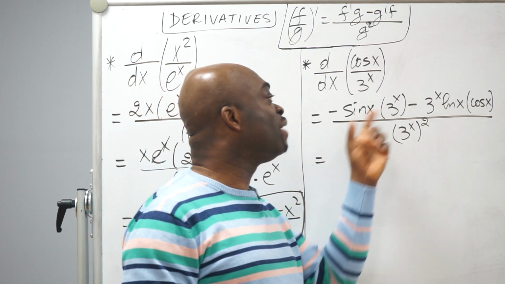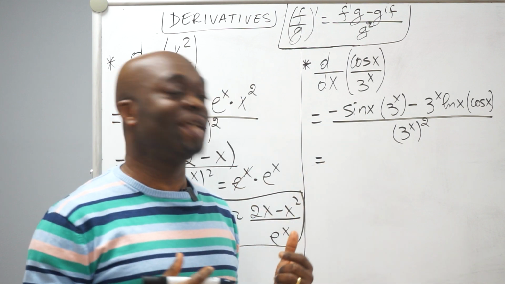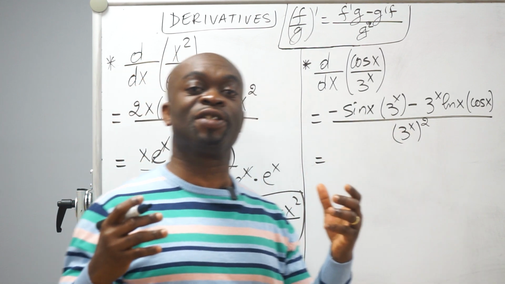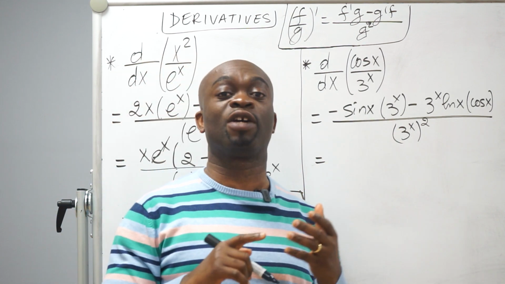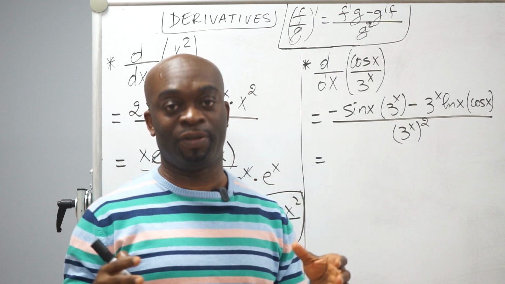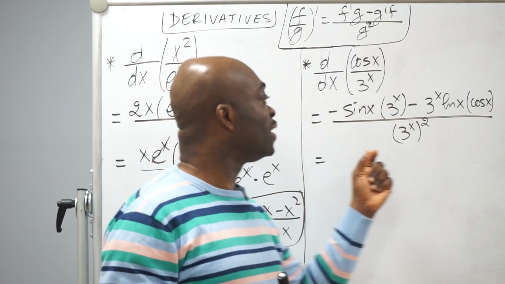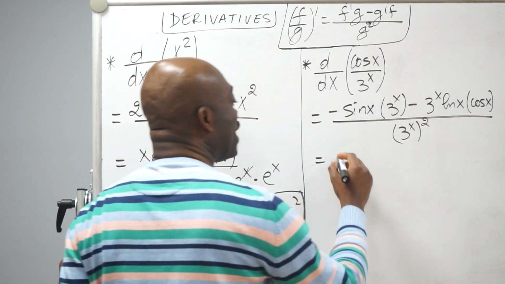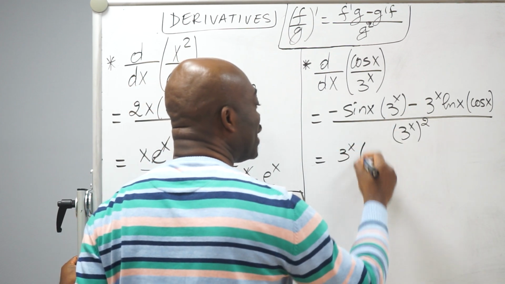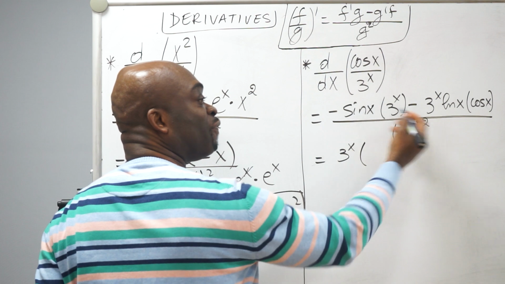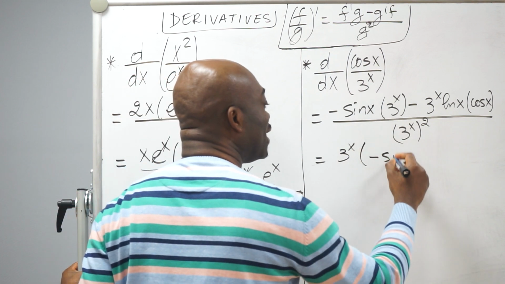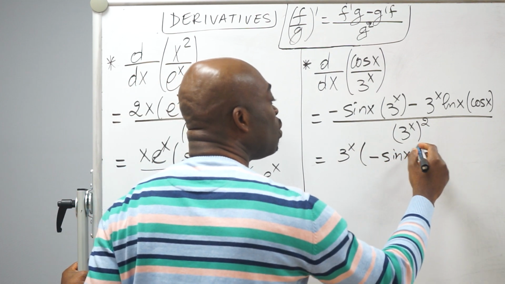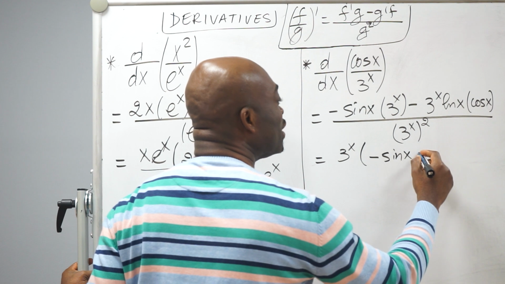But is there any way we can factor something? Yes. Factoring just means, first of all, you're trying to make it simpler, and second of all, do you have anything in common for the two terms? Yes, we have 3 to the power x and 3 to the power x. So we can take 3 to the power x out. What is left from the first term? Negative sine x. And what's left for this one?